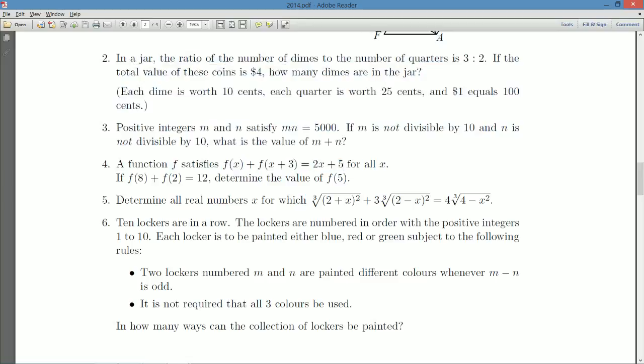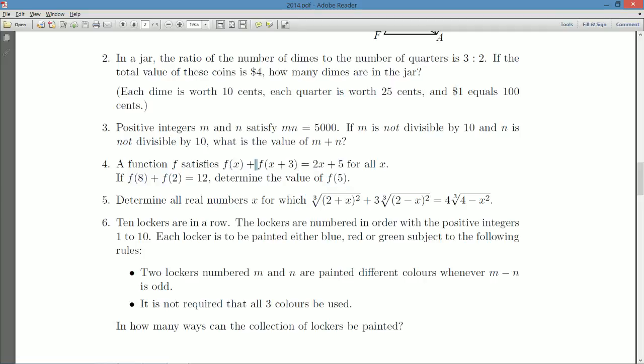Okay, so here we put in f of 2, here we put in f of 8. So if we were to talk about f of 2, we'd need to add f of 5 in order to make sense of the equation. If we put in f of 8, we'd then need to add f of 11 to make sense of that.